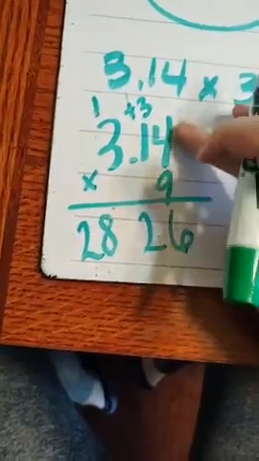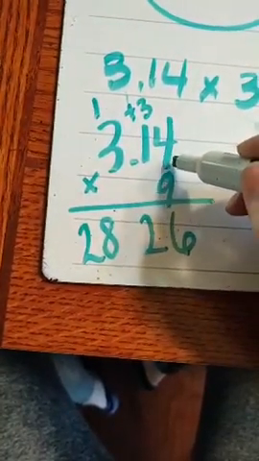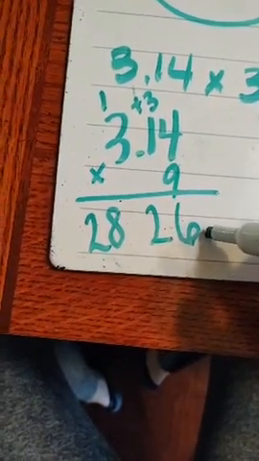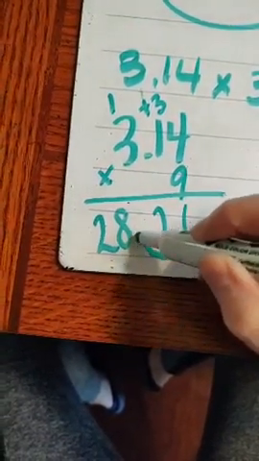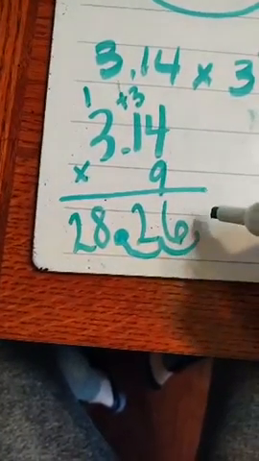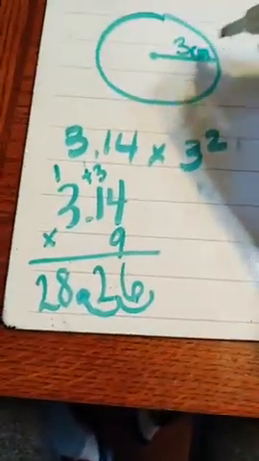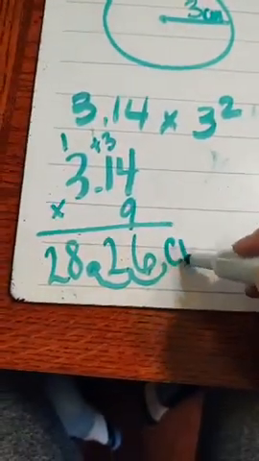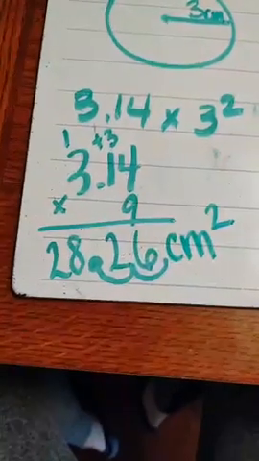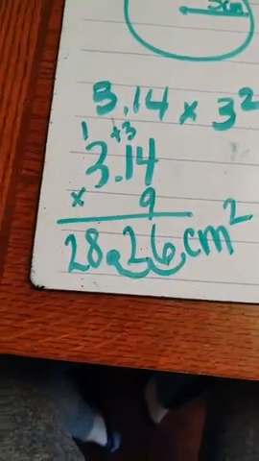Up here I've got 1, 2, and I've got none down here. So I start on the right, count 2 spots, and put my decimal in. 28.26, and let's give this the label of centimeters. Since we're doing area, we have to square it. 28.26 centimeters squared.